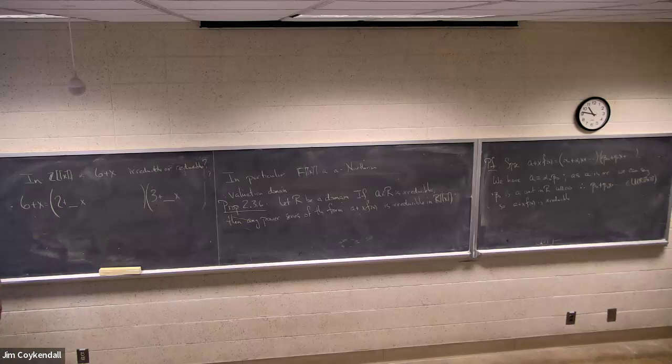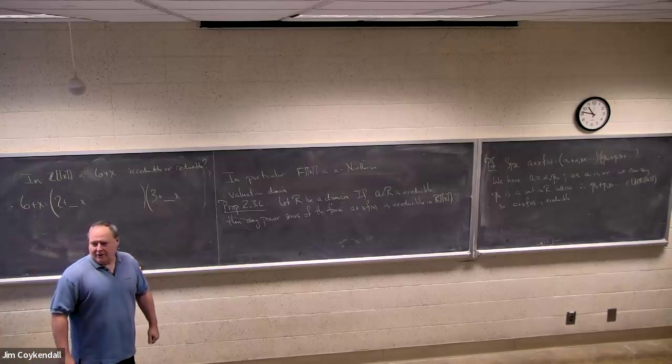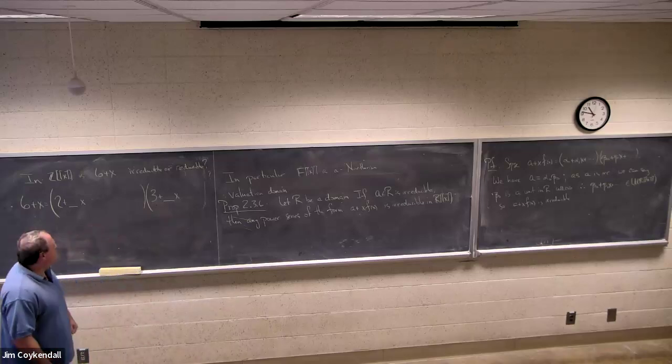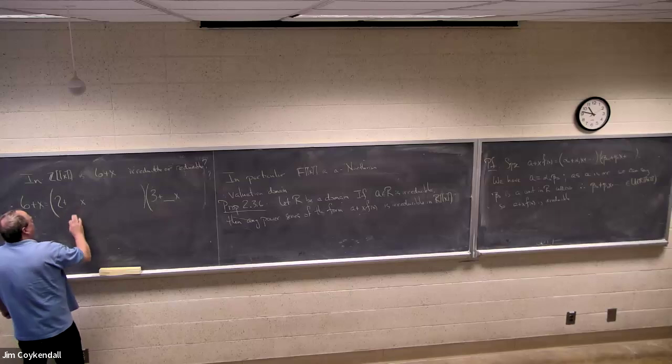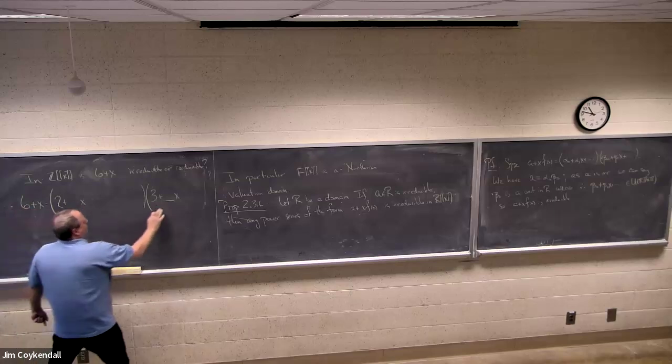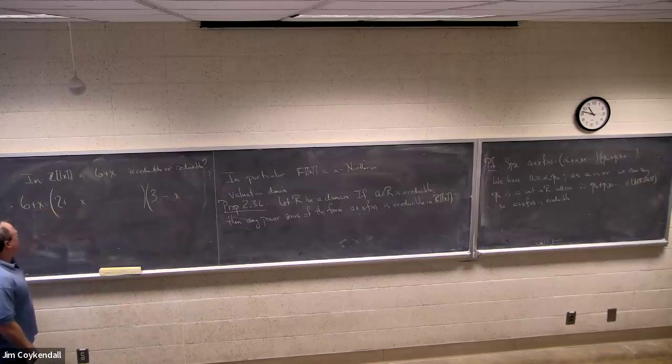Why can I do that? Why is there a linear combination of 2 and 3 that gives me 1? They are coprime and Z is a principal ideal domain. So I can just find some solution. By the way, the solution's not unique. Somebody give me a solution. 3 times what? Okay, so we could do this be X, and this will be minus X. Does that look right?